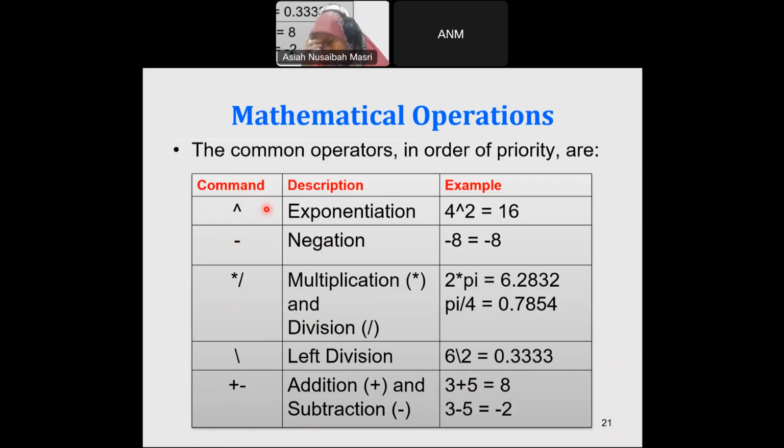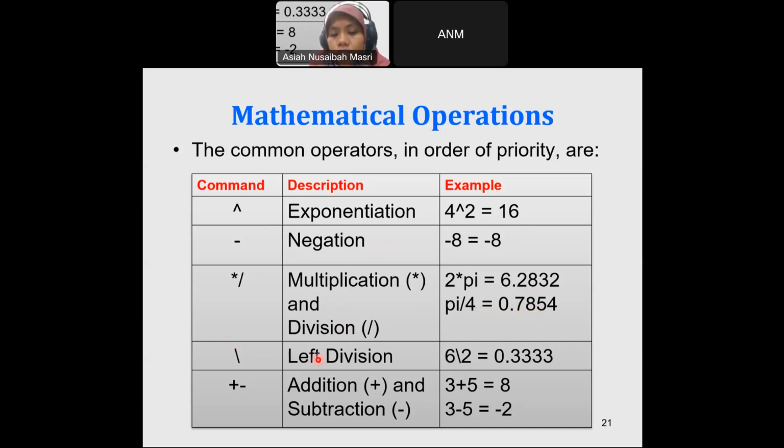Exponentiation, for example, we have 4 ^ 2, which means 4 to the power of 2 is 16. Negation, we have here negation of 8, which is minus 8. Multiplication, we have 2 times pi, so 6.2. We have division here, pi divided by 4. We got 0.7. Pi is 3.14, so divided by 4 is 0.7.